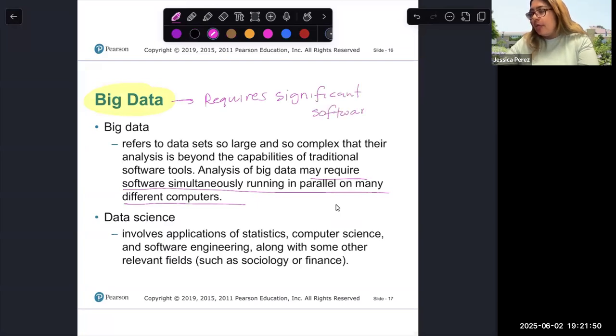So for example, the government collects big data of a population or a particular state. It will require significant software to be performing operations running in parallel on many different computers.